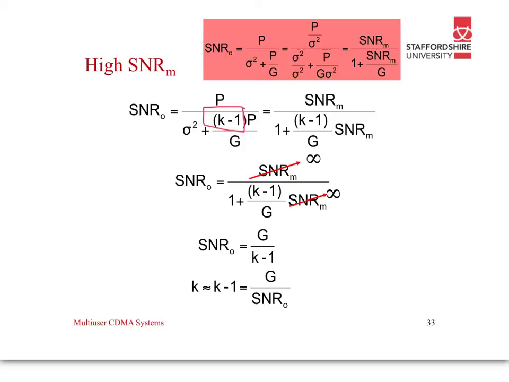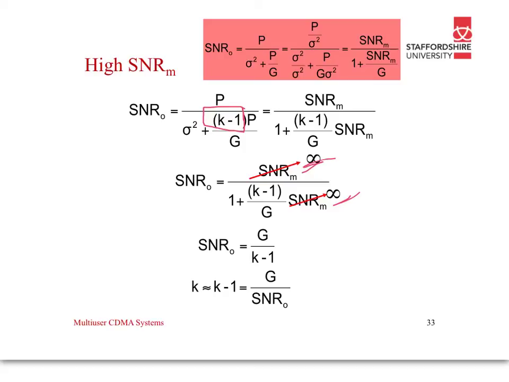If we put that into the equation, we're saying we've got a very high signal to noise ratio of our message. If that's tending to infinity, then infinity divided by infinity cancels.